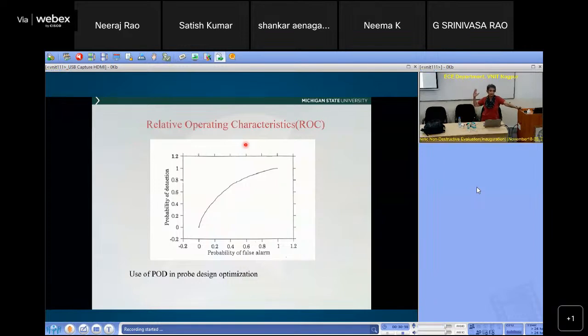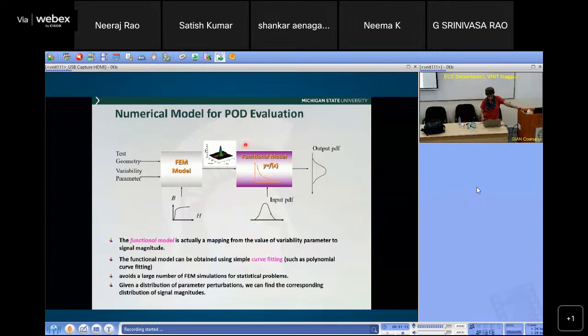Okay. So POD is used in optimizing a sensor design. You have different designs and you look at what the POD would be for this particular geometry. This actually shows how I can use the numerical model for determining POD. That was the theory of that.